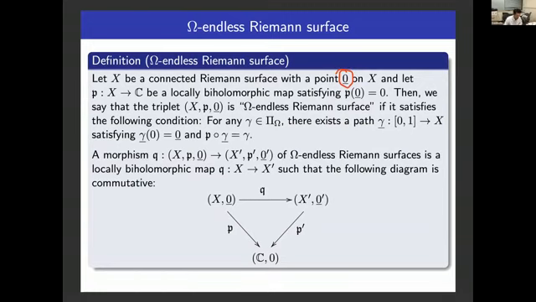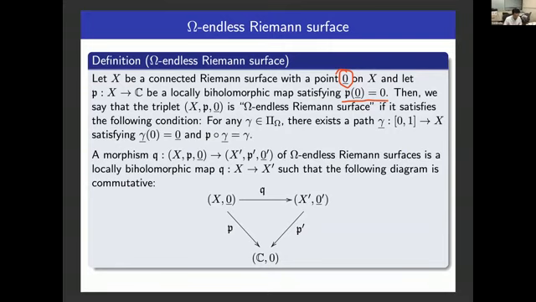And let p be a locally biholomorphic map from X to the complex plane C, satisfying the condition here. Then we say that the triplet X, p, 0 underbar is an omega endless Riemann surface if it satisfies the following conditions.